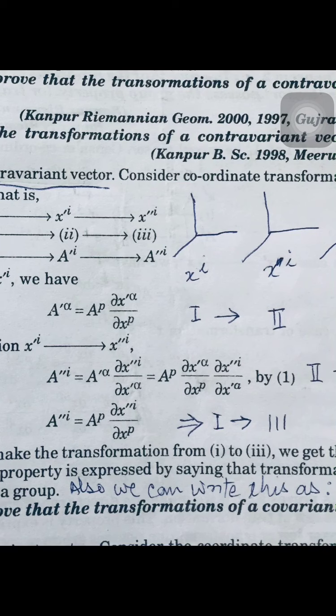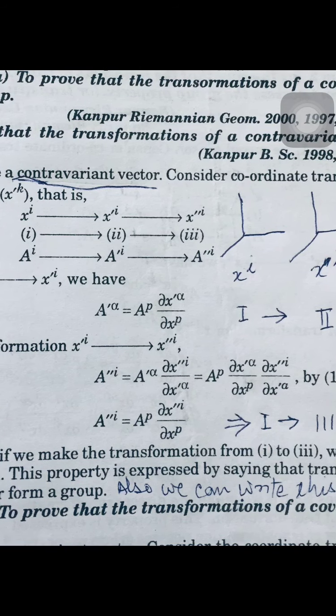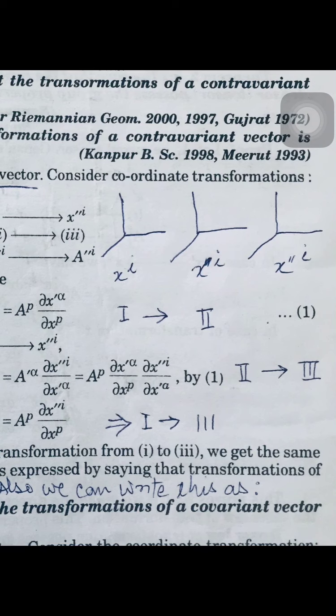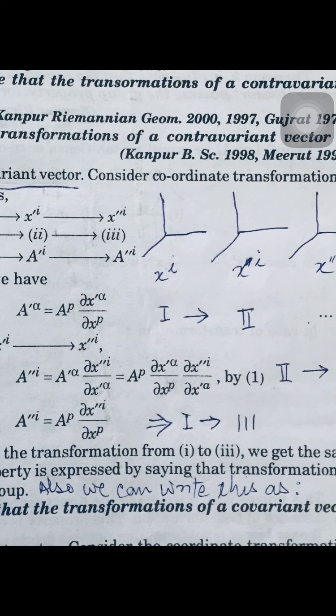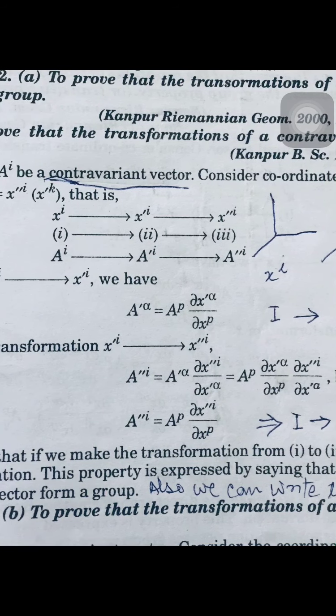So we are taking here, as diagrammatically you have seen, we have considered three systems of axes, denoted by 1, 2, 3, with coordinates x^i, x dash i, and x double dash i. Three sets of axes are taken, and the components for that are x^i, x dash i, and x double dash i.